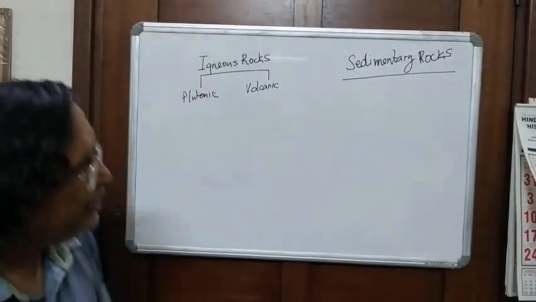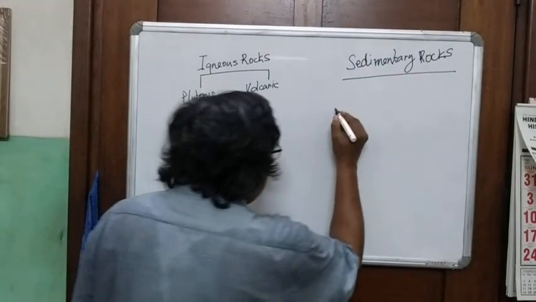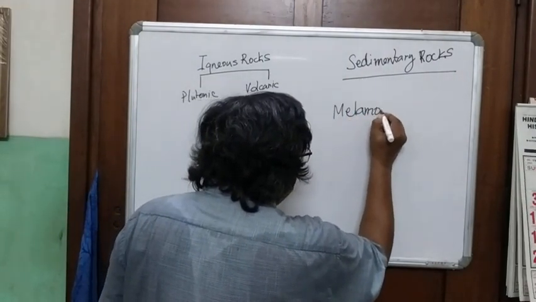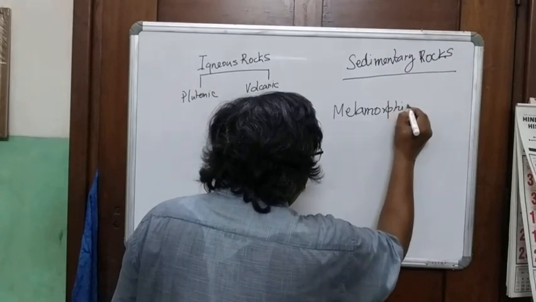Now we come to the third type of rock, and these are called metamorphic rocks.